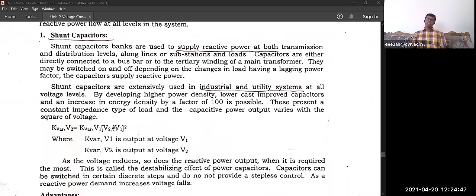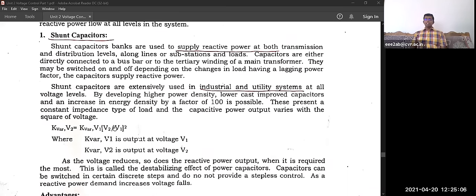Almost 99.9%, that is, 100% of industries have these shunt capacitor banks. Without them, your power factor will not be maintained constant.